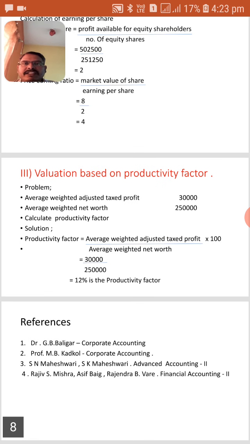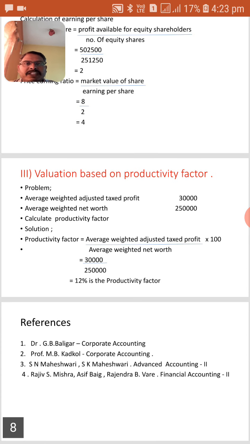under the yield method there is a third method, valuation based on productivity factor. The problem: average weighted adjusted tax profit is 30,000. Average weighted net worth is 2,50,000. Calculate productivity factor. On this information we are going to solve this problem.